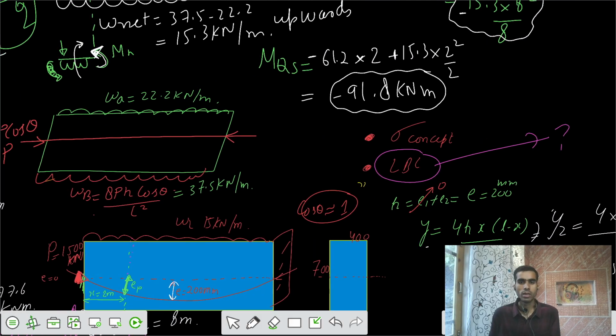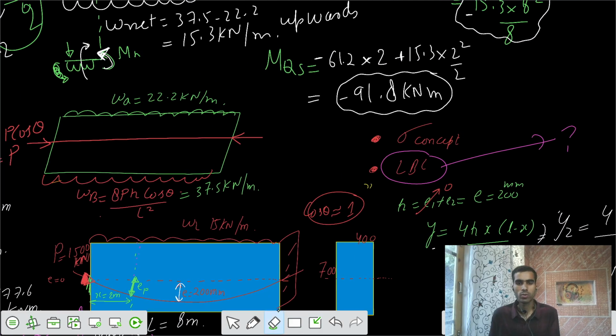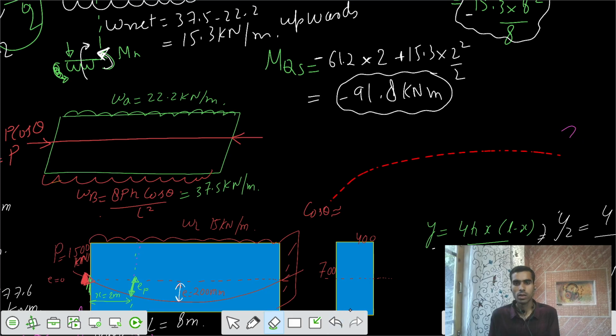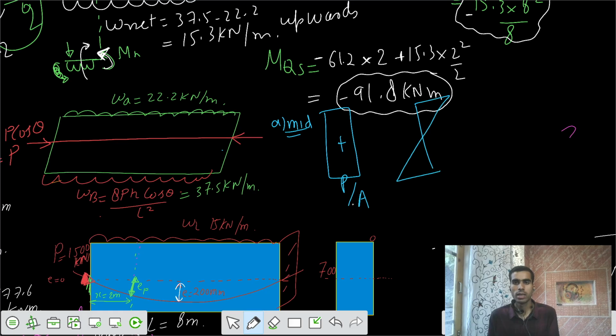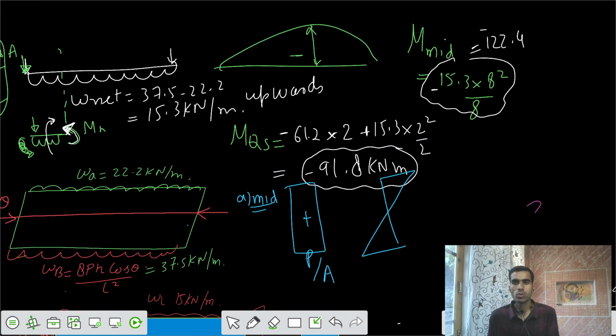So let's remove all other stuff. This can now be solved. Let's solve first for the midspan. There's a direct compressive stress of P by A, and there's the net moment at the midspan, with a value of 122.4.